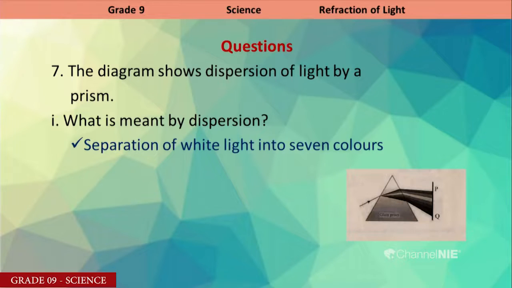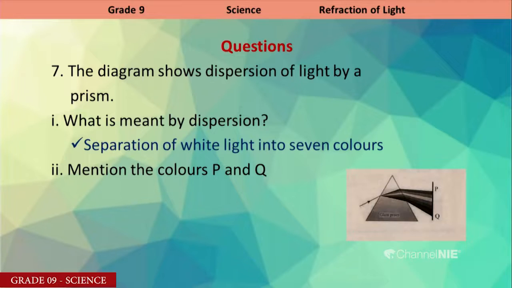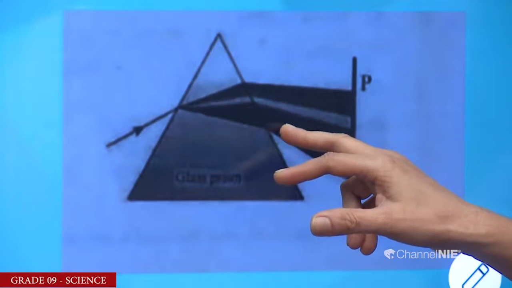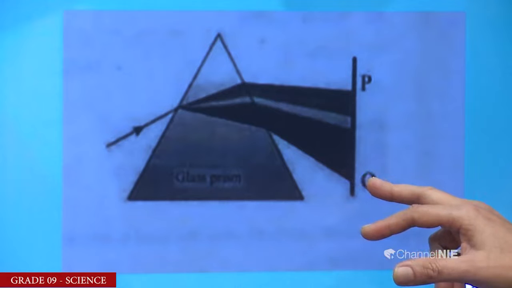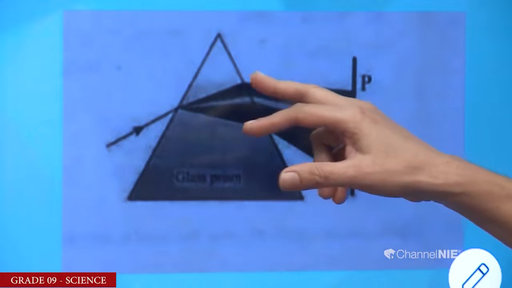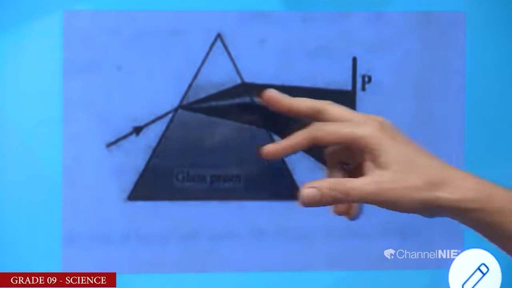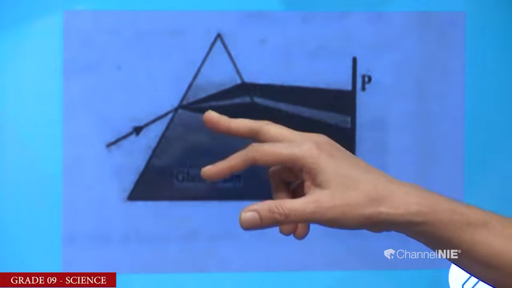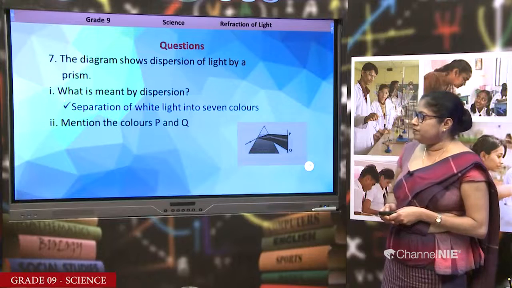Dispersion is the separation of white light into 7 colors, and you are asked to name the colors P and Q. As I told you earlier, this is the color Q. What is Q? Q is violet and P is red. Red is refracted less and violet is refracted more.